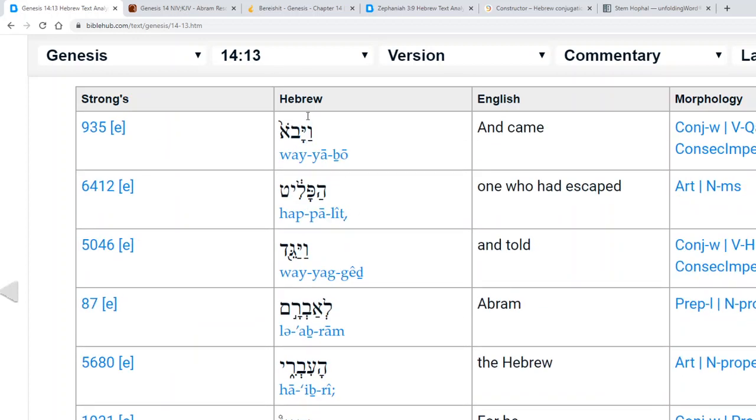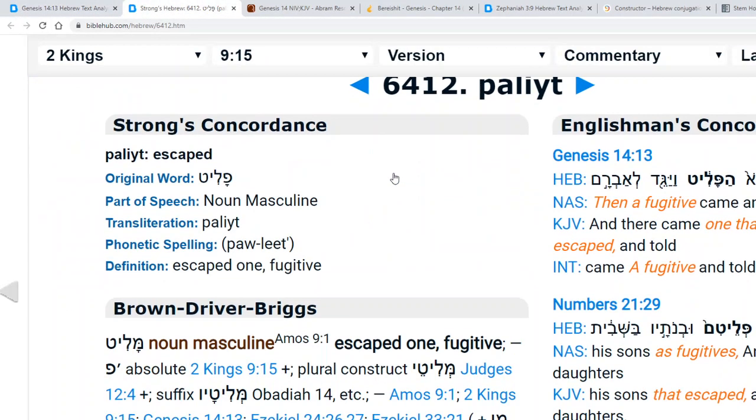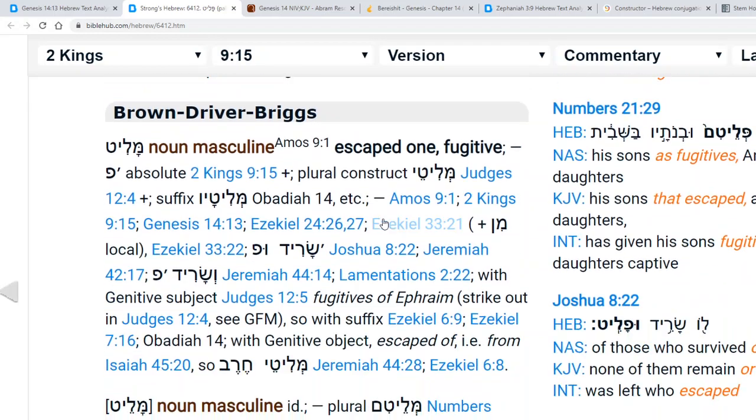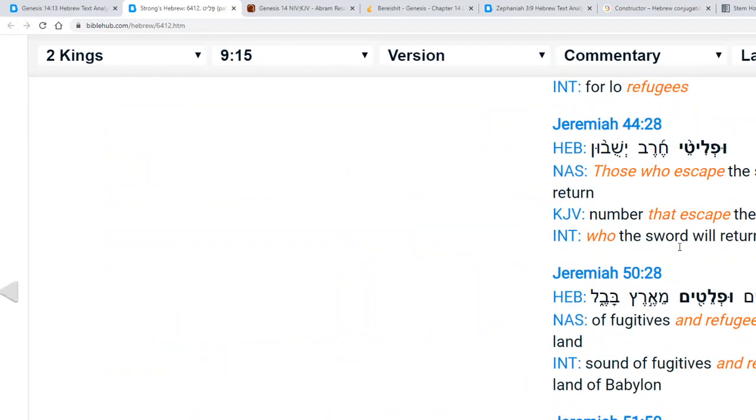So, conjunctive of yavo, they came, right? It's in the singular, and it's, as usual, written chaser, and came ha-palit. So the hey is the article. Pleta is to save, right? This is pe lamed tet. Palit is the person. They're saying escaped, the person who was saved, I would say, escaped one or fugitive, and it shows up several times in the Bible.